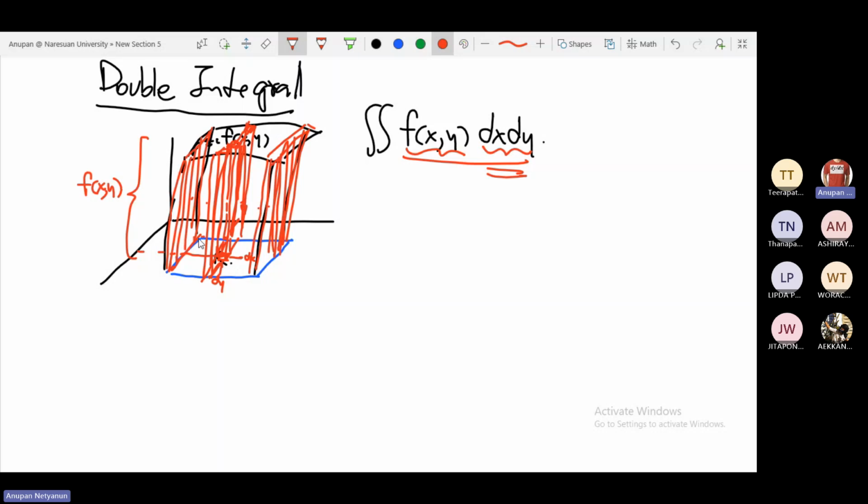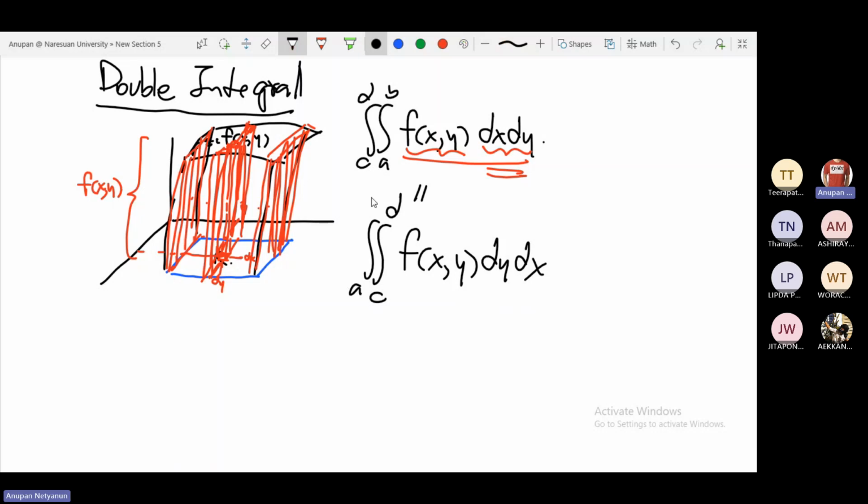And since I showed you that when you have a rectangle you can switch the order, you have dy dx. Say x is between a and b, so the running number goes from a to b, and the running number for y goes from c to d. When you have a simple area like this, you can switch the order, so you can have c to d and then a to b.